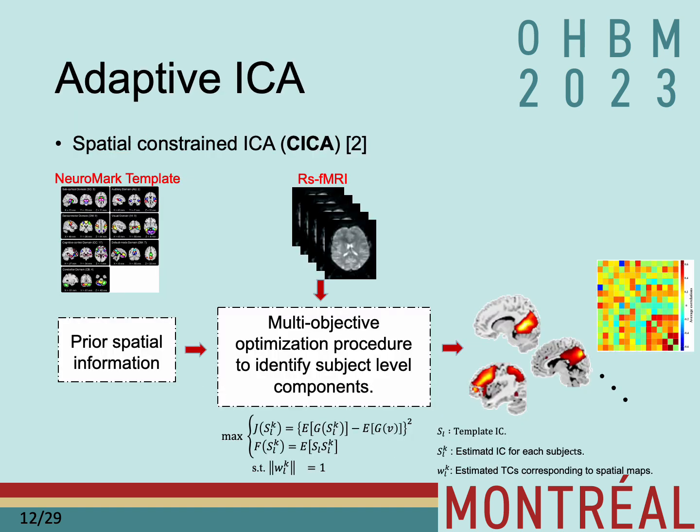One of the adaptive ICA methods is spatially constrained ICA. The main concept in this method is using prior spatial information to guide the procedure of estimating independent components. The prior spatial information is a template of the components, and in this method, the Neuromark template has been used.